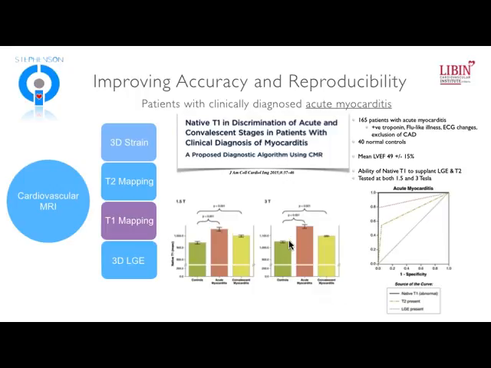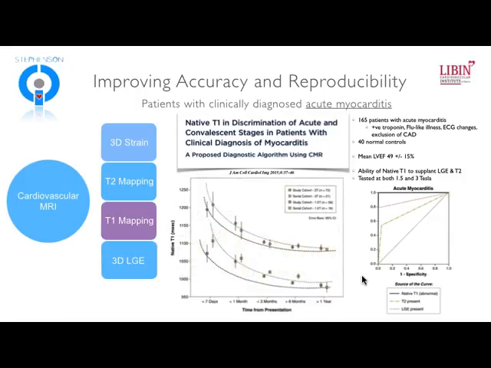And what we find is that there is a significant rise in the T1 signal, both at 3T and 1.5T, providing us some reference values actually moving forward as well for each of these field strengths, and showing a very nice decline in convalescence. And with this had the area under a curve of 1.0, which is always an interesting number to see, but they suggested that they had 100% sensitivity and specificity for the detection of acute myocarditis.